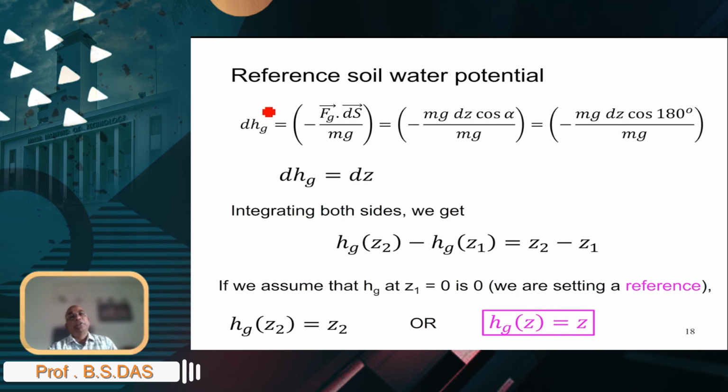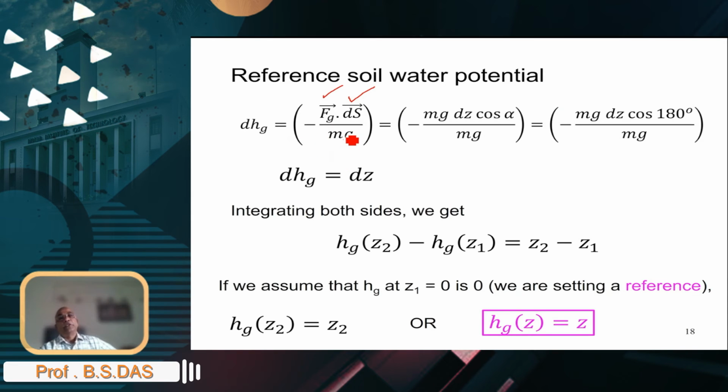Our definition of the gravitational potential is the dot product of the gravitational force times the displacement vector. The dot product means that this is equal to the force of gravity and the displacement times the cosine of the angle between these two.